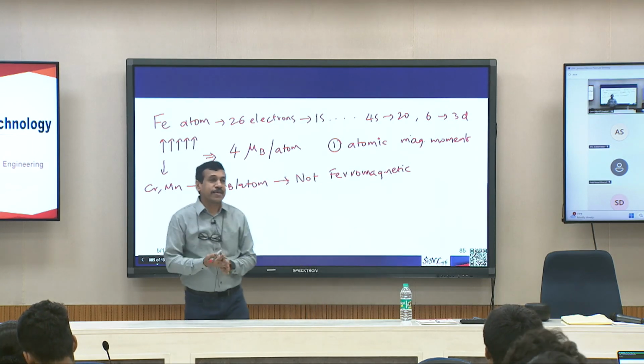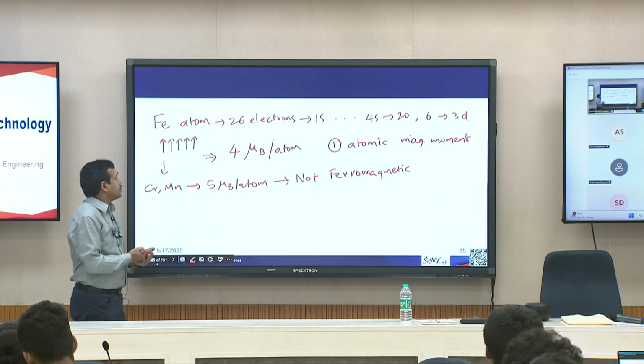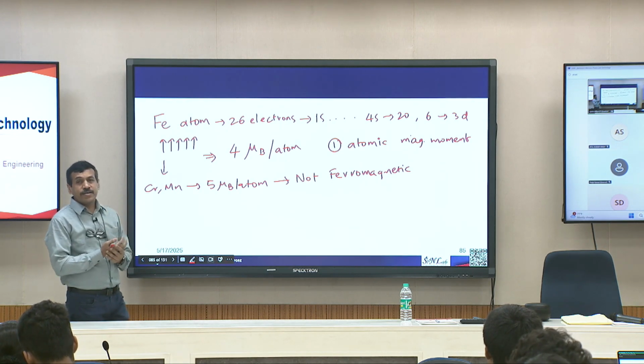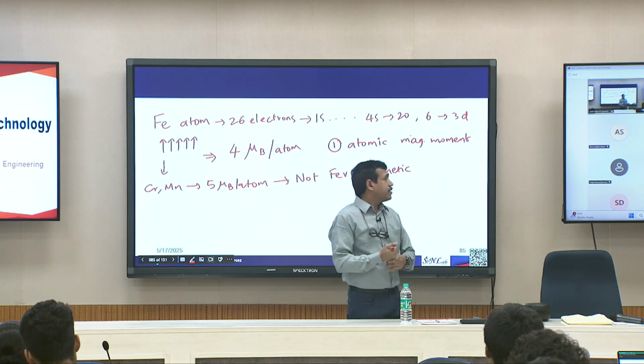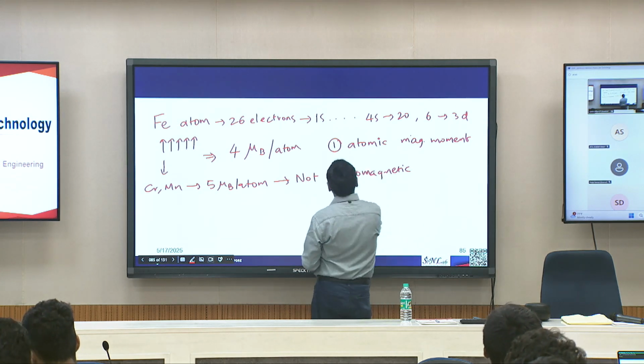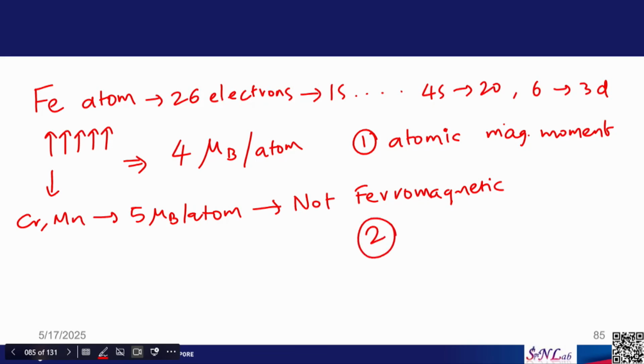There is also something else that comes into the picture, and that determines whether a material is ferromagnetic, antiferromagnetic or ferrimagnetic, and that is called exchange coupling, the exchange integral, introduced by Heisenberg.